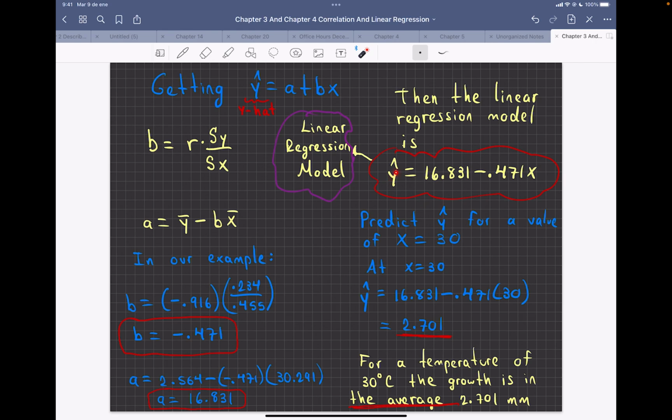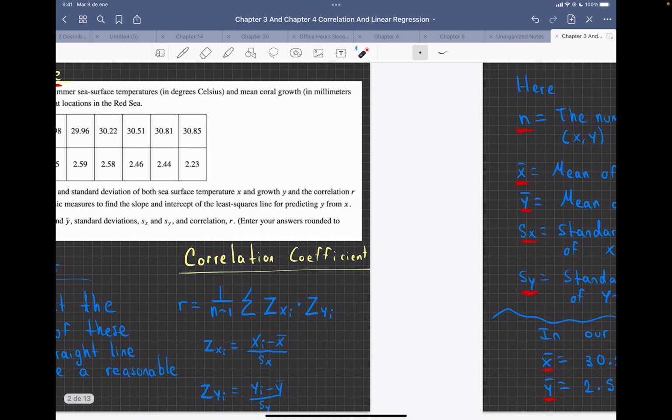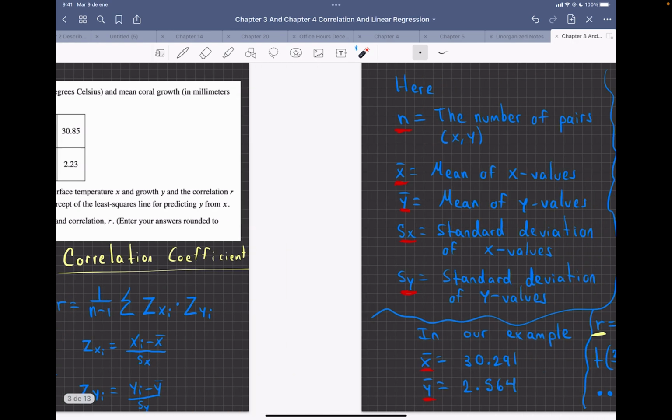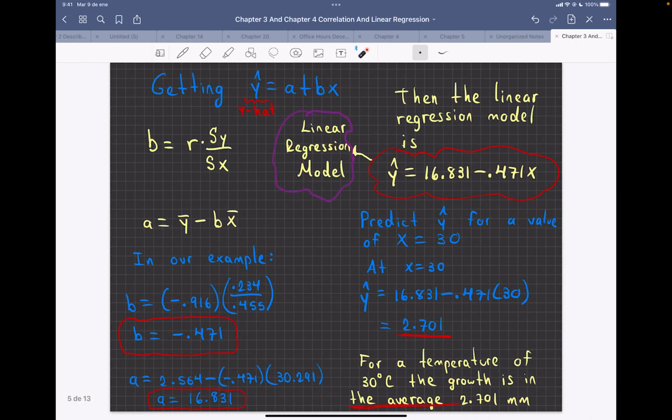That's why we are not using exactly y, because y corresponds to the exact values from the sample, but we are not predicting exact values. We are predicting values on average. And that is very important and essential to understand.